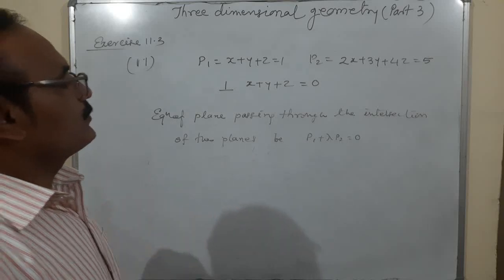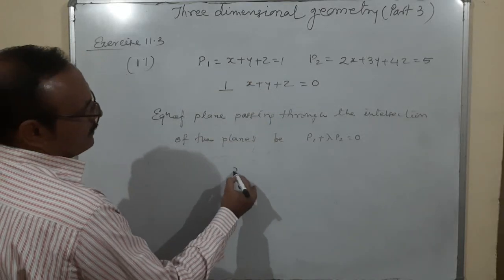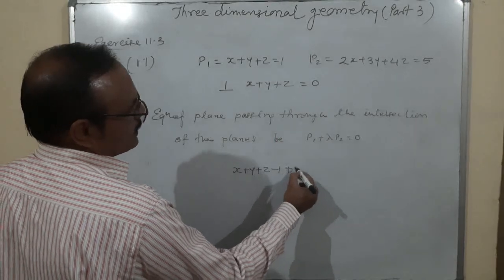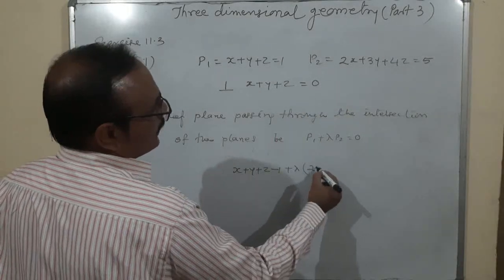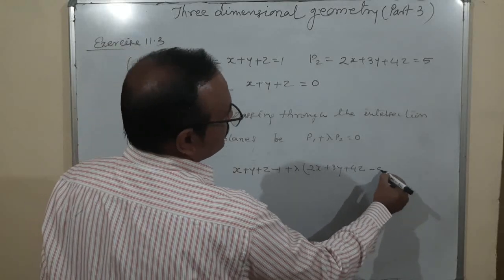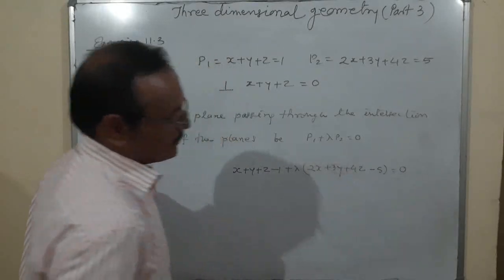That is, x plus y plus z minus 1 plus lambda times (2x plus 3y plus 4z minus 5) is equal to 0.